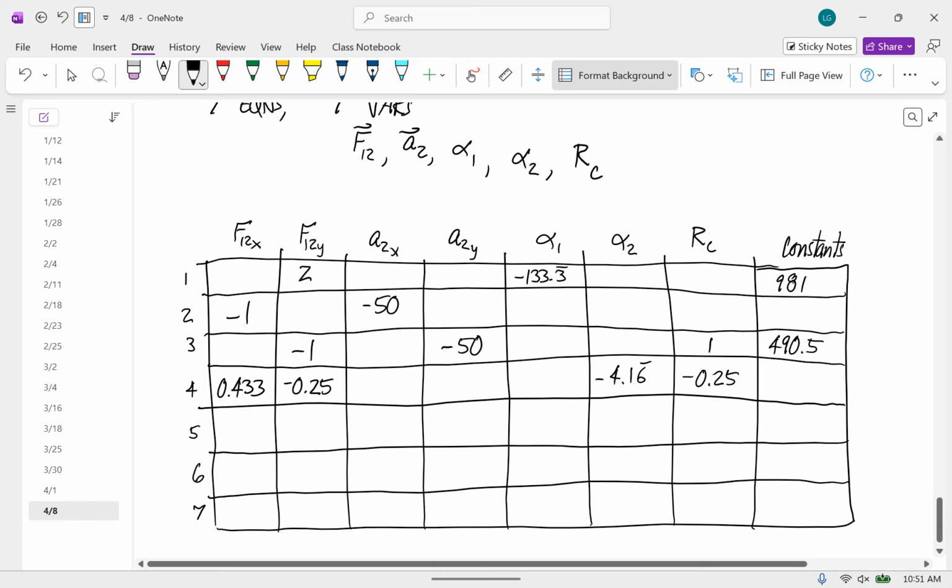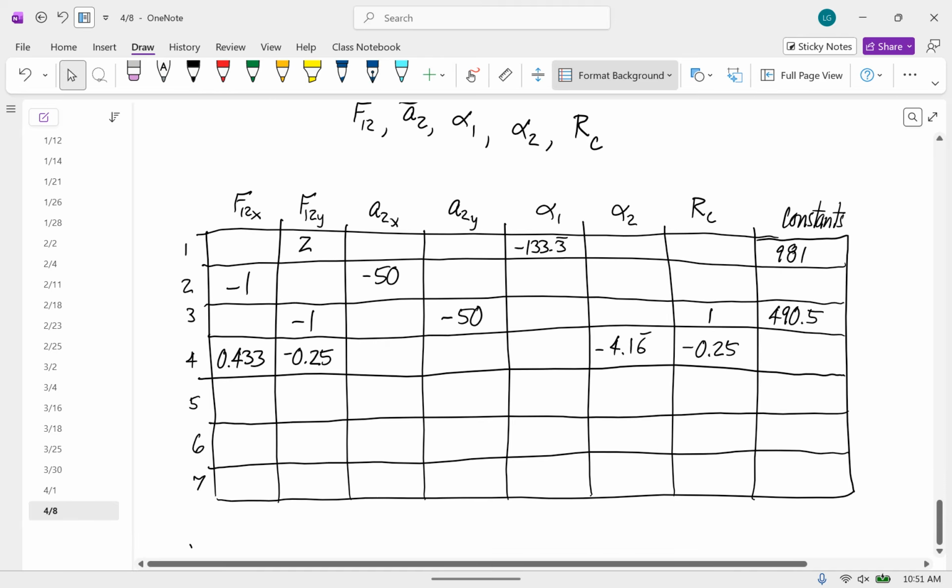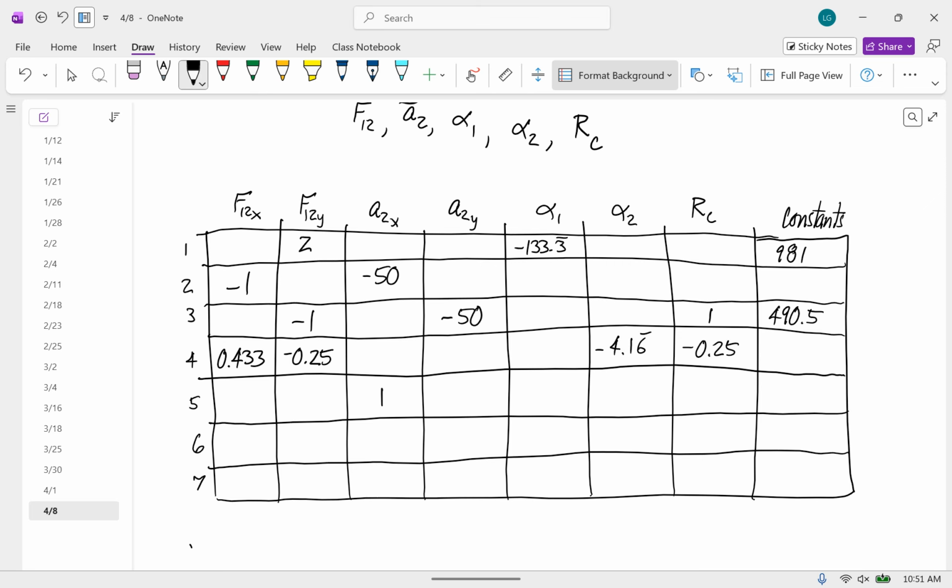And then equation 5. That's 0, 0, 1, 0, 0, negative 0, 0, 1. And then, sorry, start there. 2 more zeros and negative 0.433 for alpha 2. Okay. No constants. Okay.